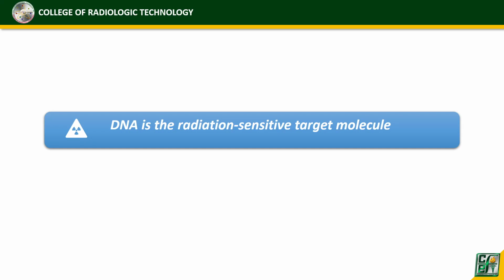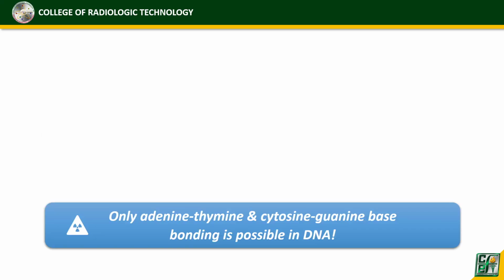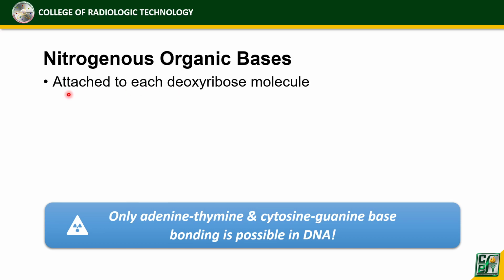So DNA is the radiation sensitive target molecule. Okay? Only adenine, thymine, and cytosine, guanine base bonding is possible in the DNA. So meaning A-T and C-G ang bonding ng double helix configuration ng DNA.